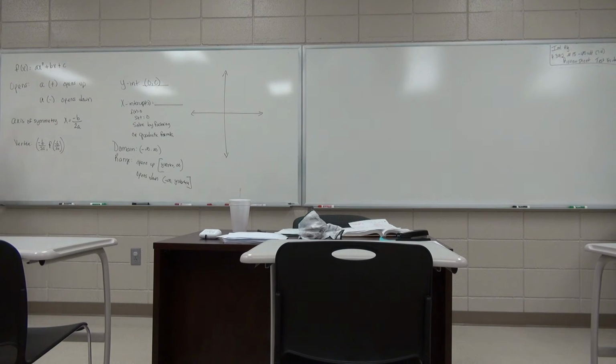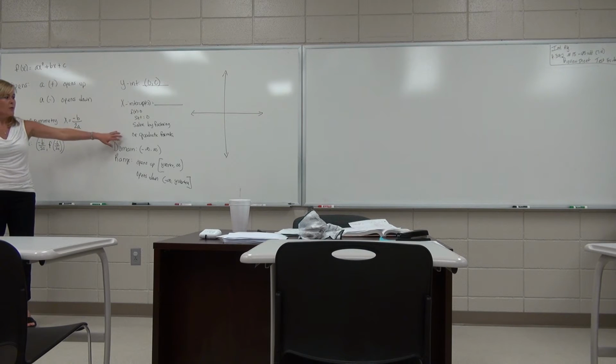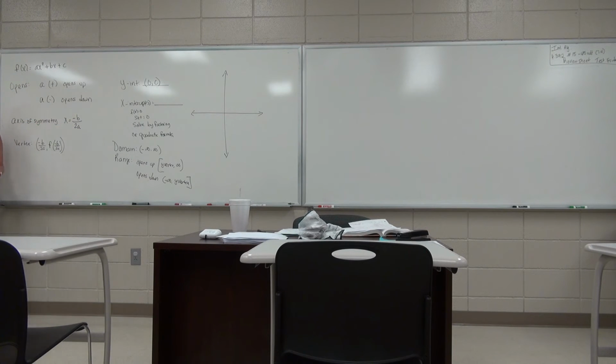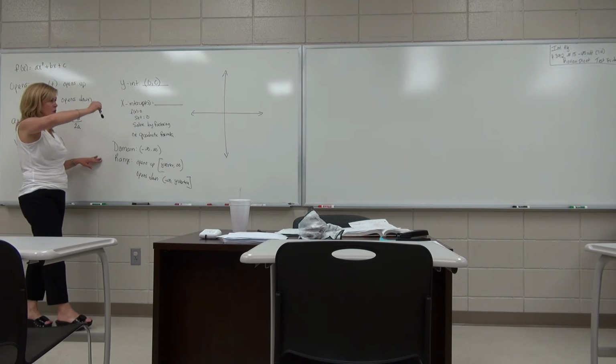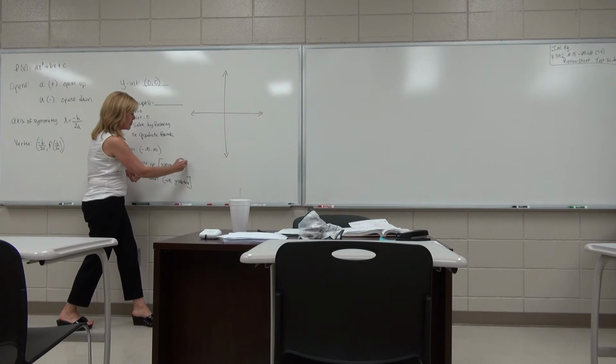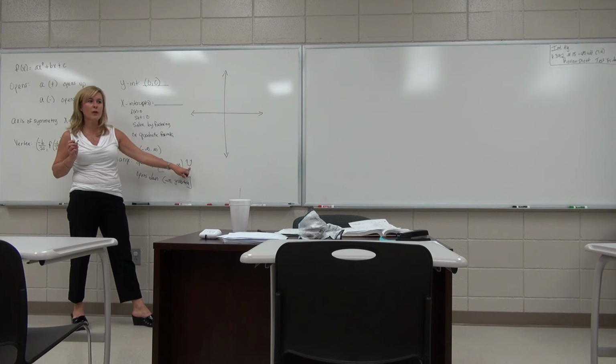X-intercept, which is the zeros of this function, is what makes this function equal 0. So you set it equal to 0 and you'll factor it, or if it's non-factorable, you use the quadratic formula. Domain, like I said before, is always all real numbers. Range: if you have a parabola that opens up, do you agree that the vertex is the minimum point on that graph?